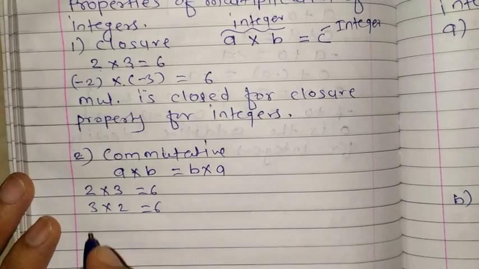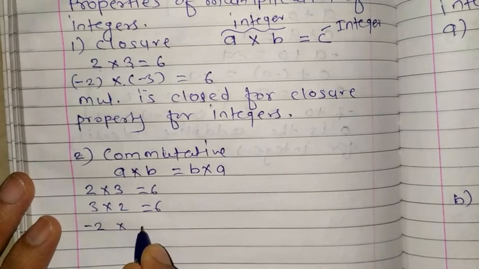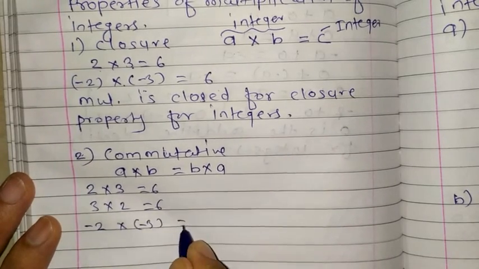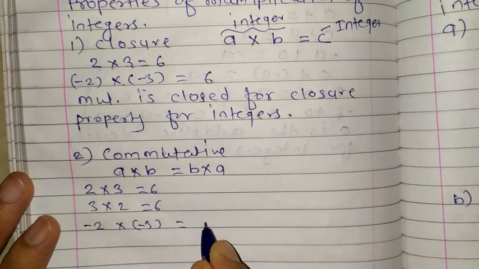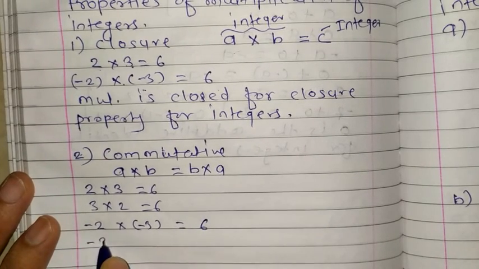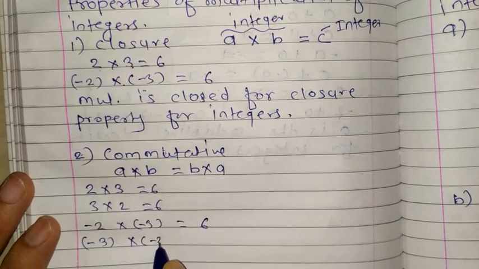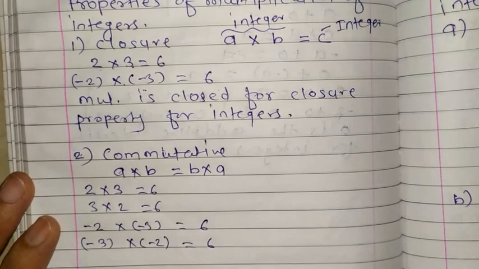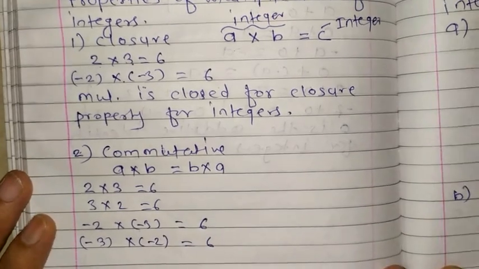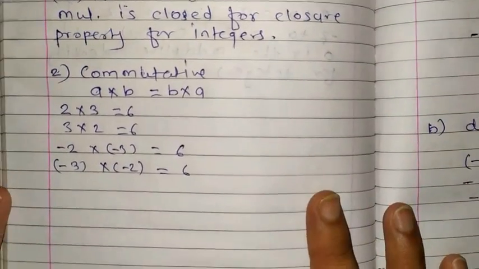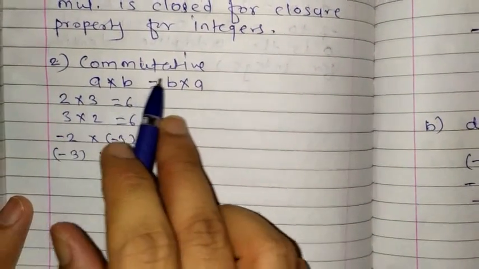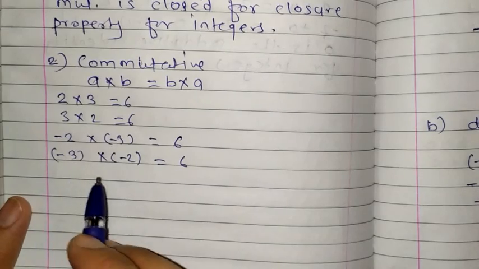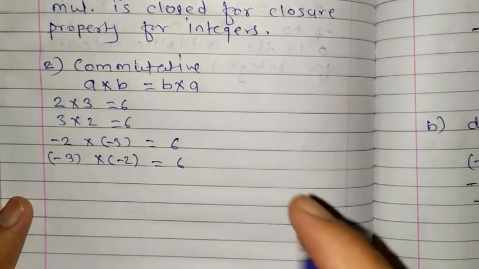If you take negative numbers, minus 2 into minus 3, minus minus gets plus, so it is 6. If you do reverse, minus 3 into minus 2, then also it is 6 because minus minus gets plus.